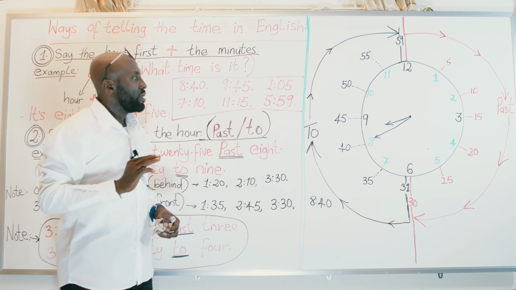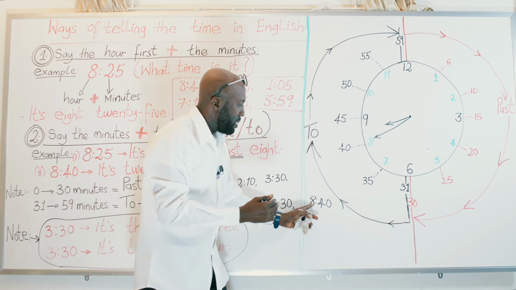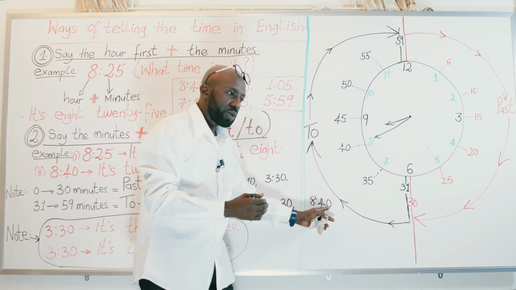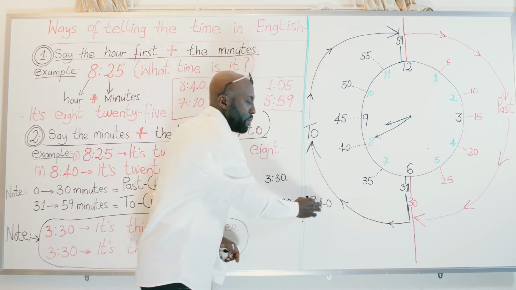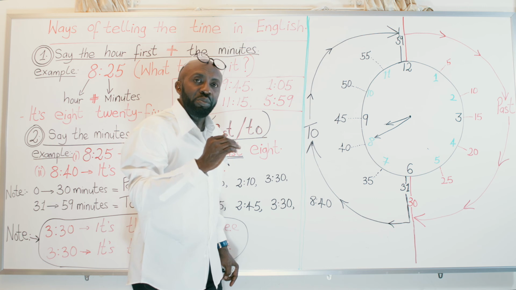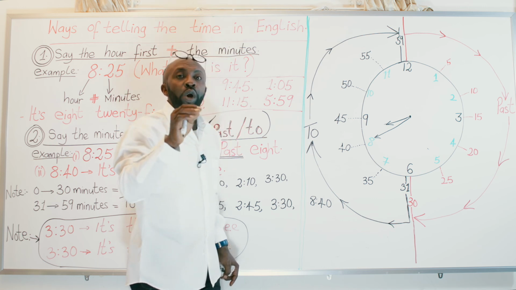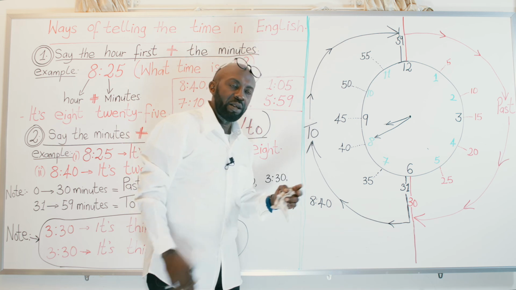Do you get that? So when you are talking about the hour before the minutes, you say it directly. 8:40. When you're talking about the minutes before the hour, that is where you employ to and past.